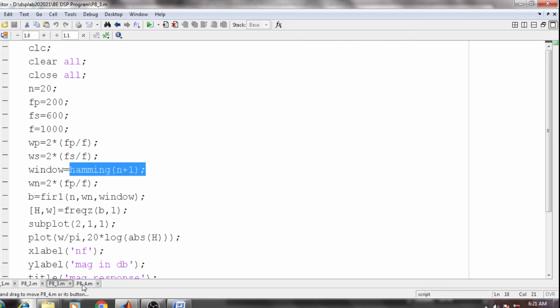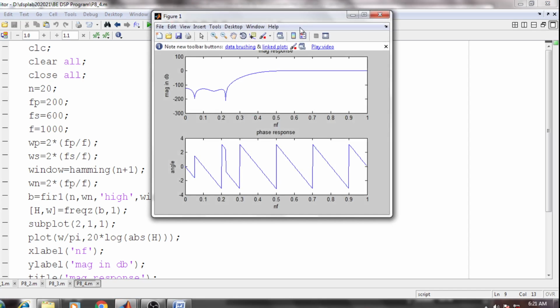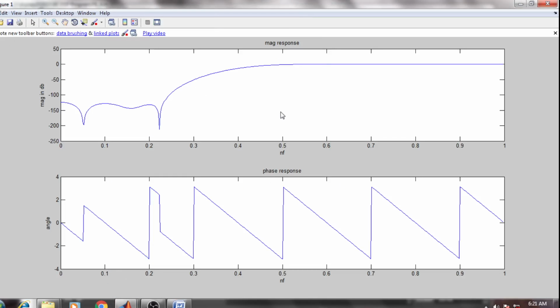And the last one, the fourth, is defined with the help of Hamming again. Here we are going for the high pass filter design. I am just executing the program because everything is the same. The only difference is that instead of low pass, here it is a high pass filter. You will see the magnitude and phase.